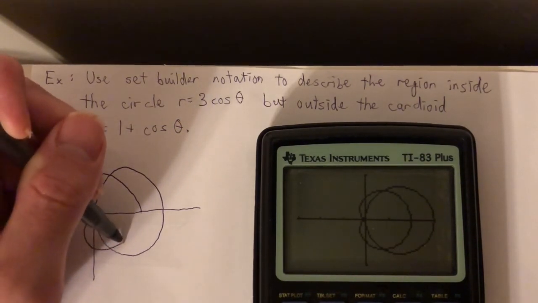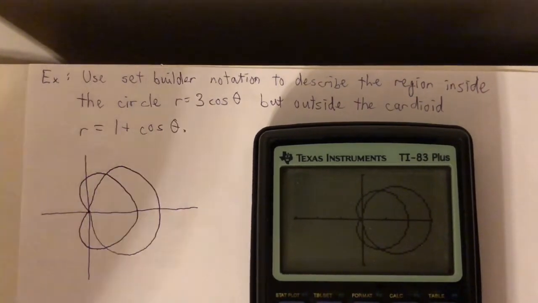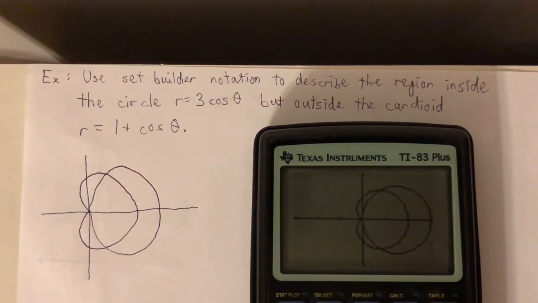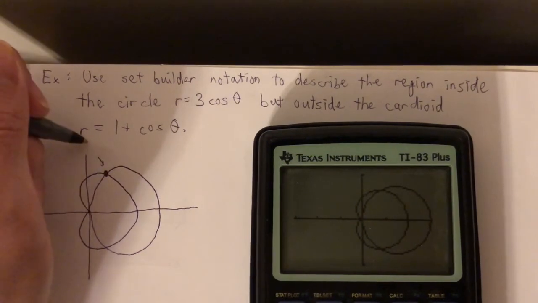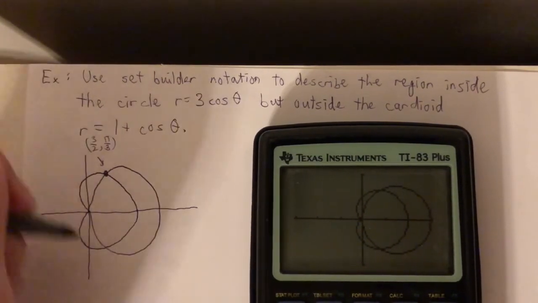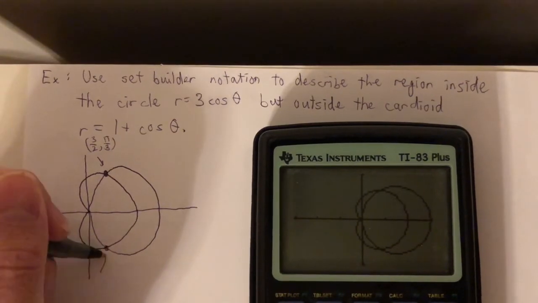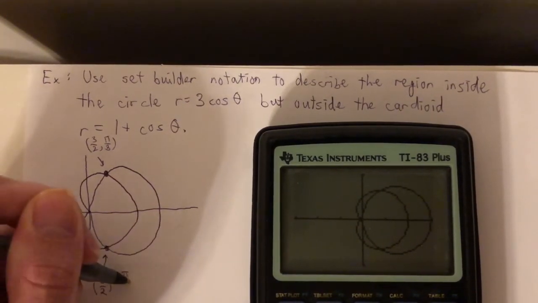Got something that looks like this. And if we recall what those intersection points were, those intersection points were 3/2, pi over 3 and 3/2, negative pi over 3.